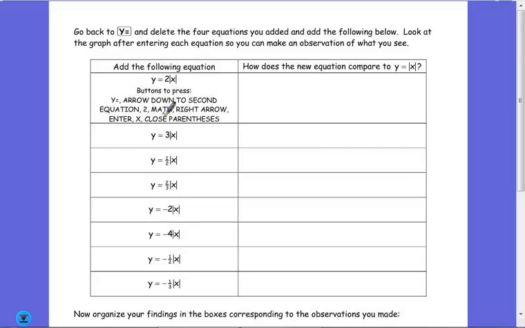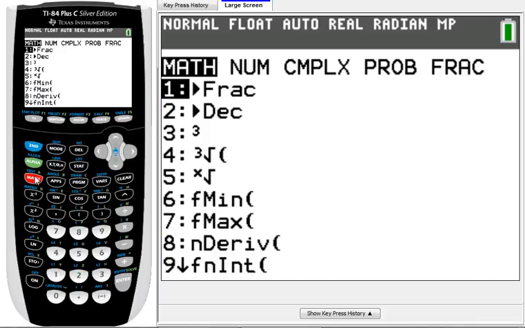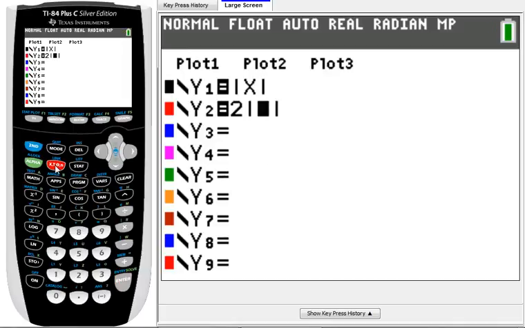So 2 and then math, arrow to the right to get absolute, press enter, and put in x. So we're putting these whole numbers and fractions in first.